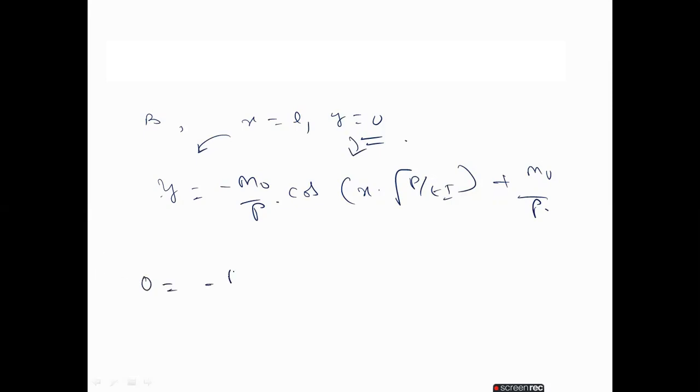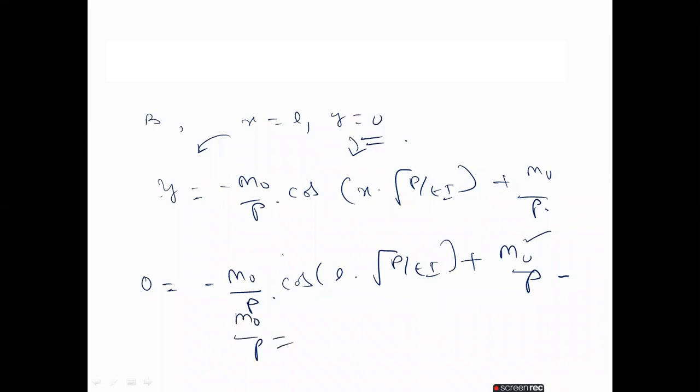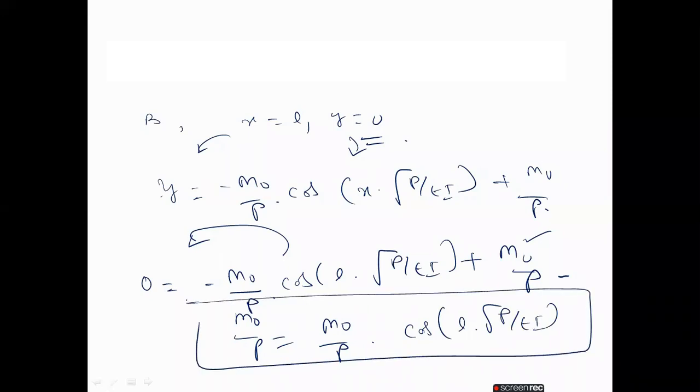What happens? 0 equal to minus m naught by P cos L into square root of P by EA plus m naught by P. If you observe this one, what happens? Then m naught by P equal to what happens? If you send this one to the left hand side, that is m naught by P into cos L into square root of P by EI. So from this equation, m naught by P and m naught by P will be cancelled.